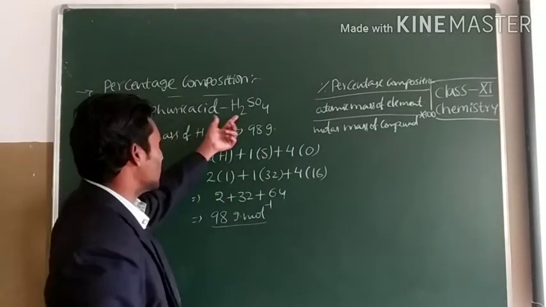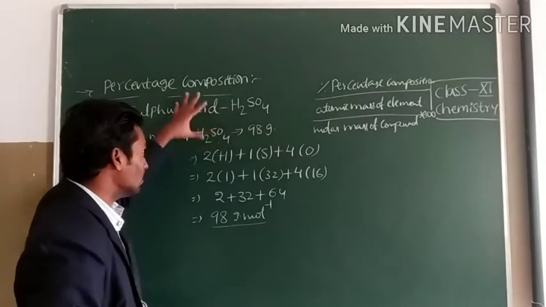Let us find out the percentage composition of hydrogen, sulfur, and oxygen in the sulfuric acid molecule.